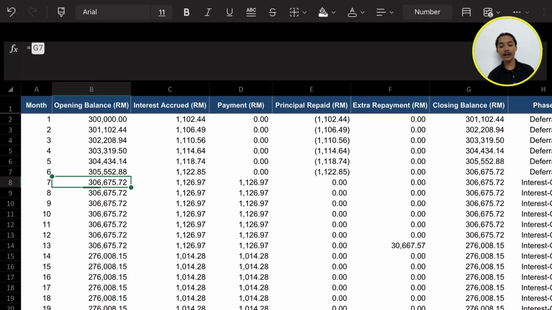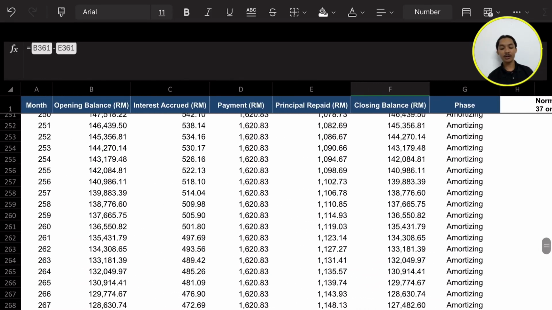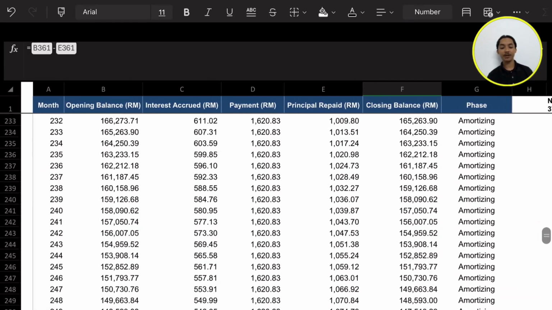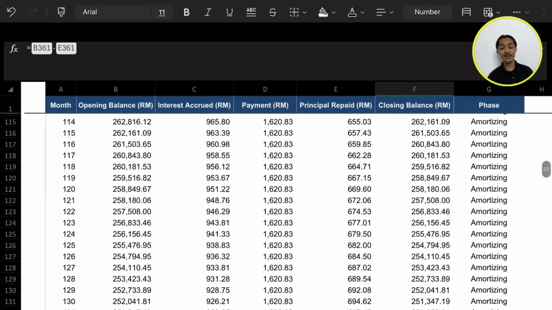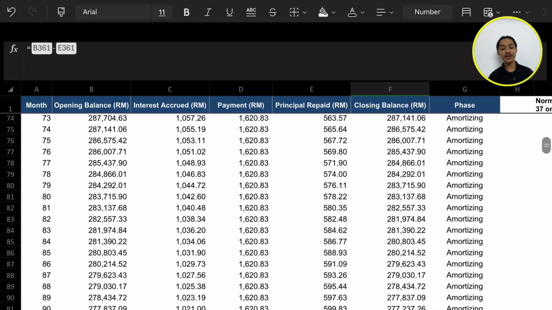Part 3, by making the extra repayment at the start of every year from year 2 onward, 10% of that year's opening balance each time, Ahmed and Sarah could clear the entire 300,000 ringgit loan in 146 months, which is 12 years and 2 months, instead of the original 30 years. That's a reduction of nearly 18 years, which shows how powerful early capped extra repayments are on a long loan. So let's move on to question 2.